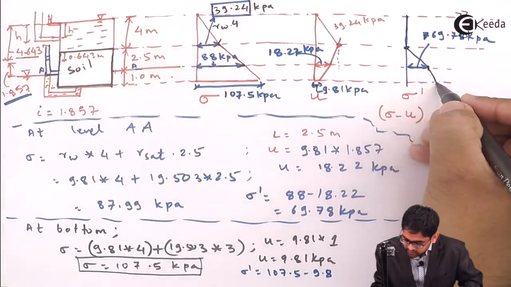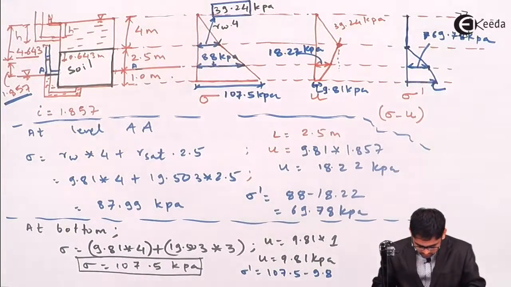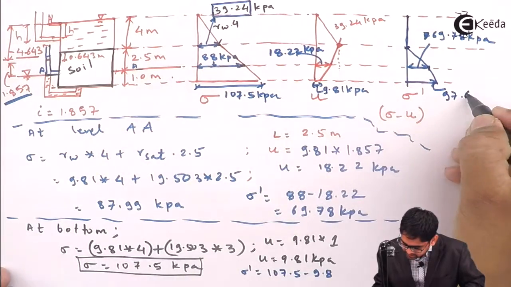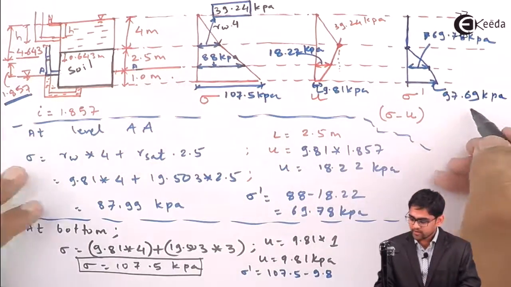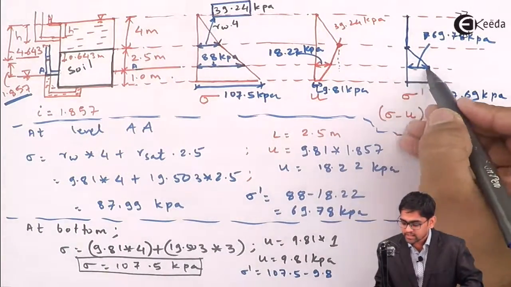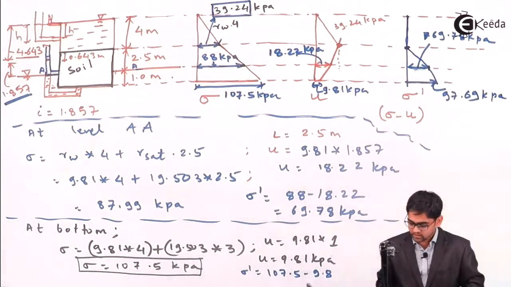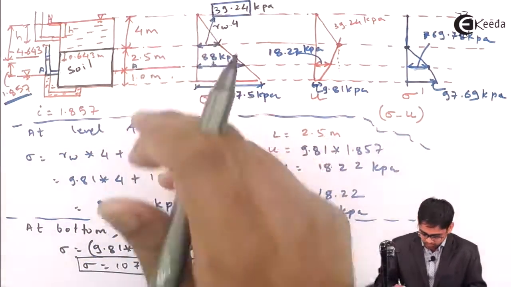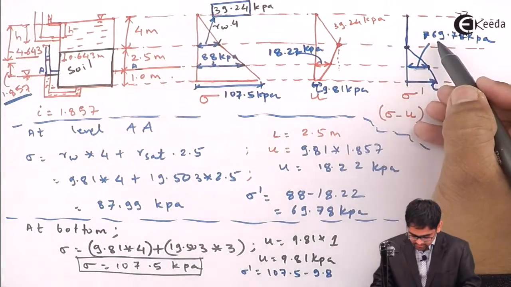I'll write the direct value at the bottom: 97.69 kPa. Even just by knowing this value of 97.69, you can calculate in between, because the slope of the line has to remain constant. You can check it by multiplying by a factor of 2.5 by 3.5, and you'll get the same answer, 69.78.